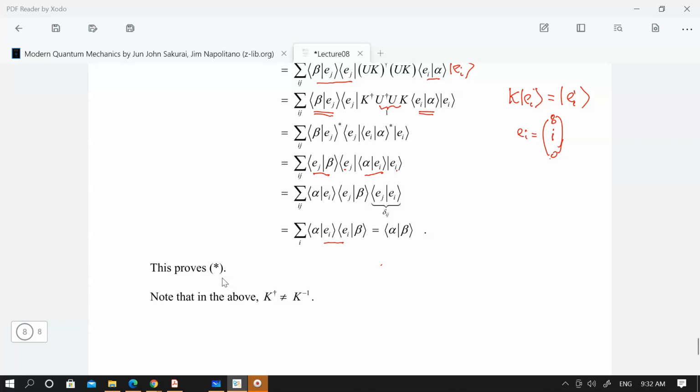Your K dagger is just the dual of K. So if I know how K acts on kets, then I should know how K dagger acts on bras. It's not equal to the inverse, it's not unitary.